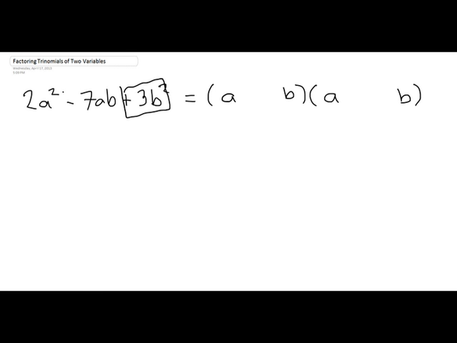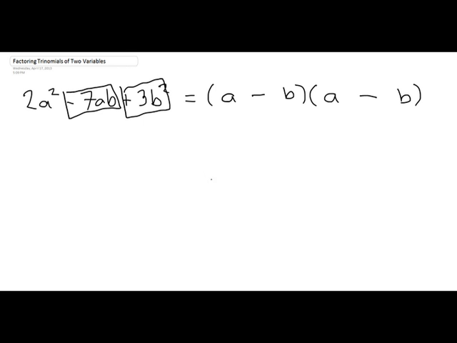But we can see here with our mixed term, when a multiplies b and b multiplies a and they're added together, I get a negative value. The only way to add to a negative value is a combination of positives and negatives. Therefore, both of these have to be negative b values of some kind.